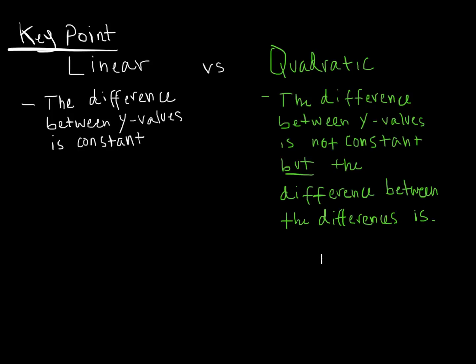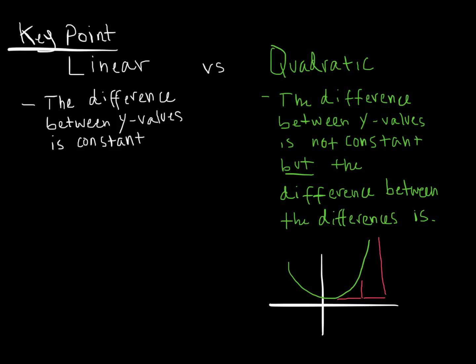However, for a quadratic, notice that as you make steps in the x direction and look at how much you're moving up in the y direction, those values are going to be not constant.